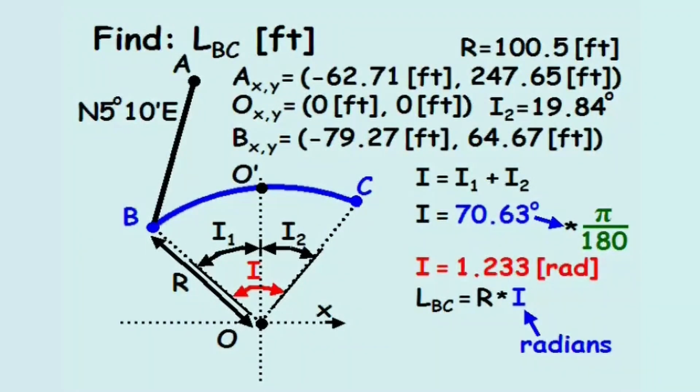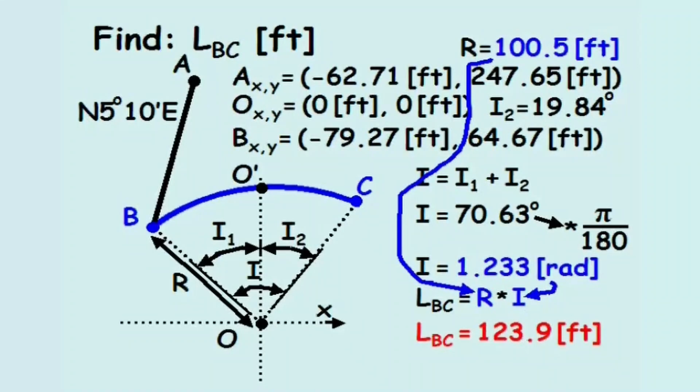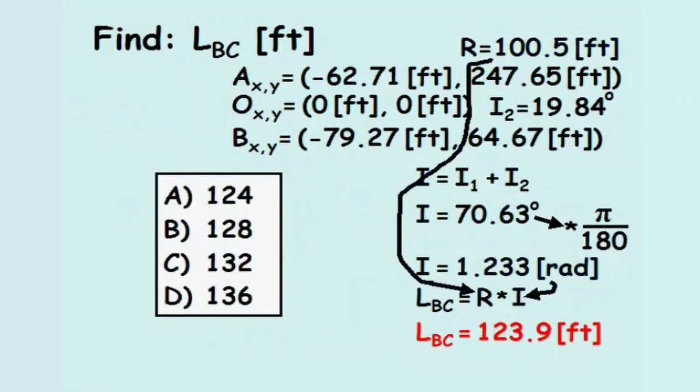After plugging in the values of the radius and the interior angle, the length of arc BC equals 123.9 feet. When looking over the possible solutions, the answer is A.